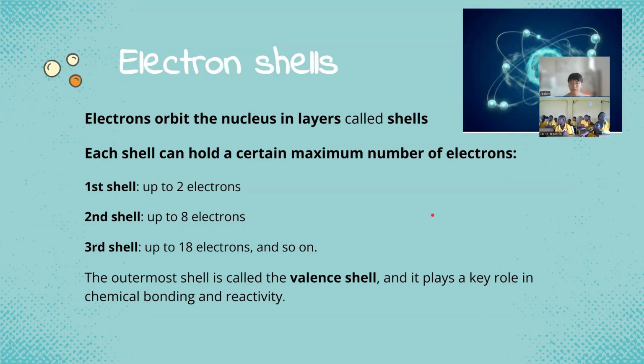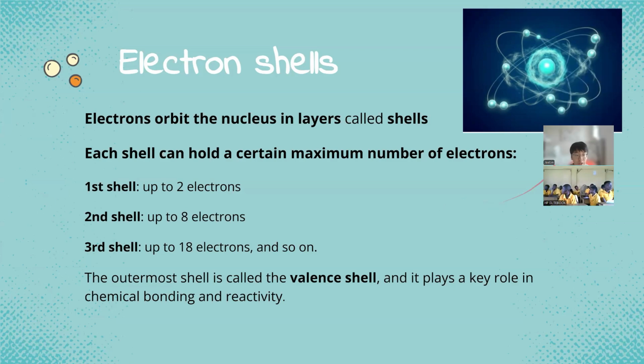And now let's get into a little bit about electron shells. Although the video did not really mention this, it is important to know that electrons orbit the nucleus in layers called shells. And each shell can hold a certain maximum number of electrons.